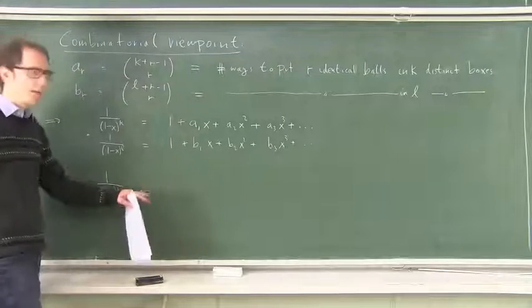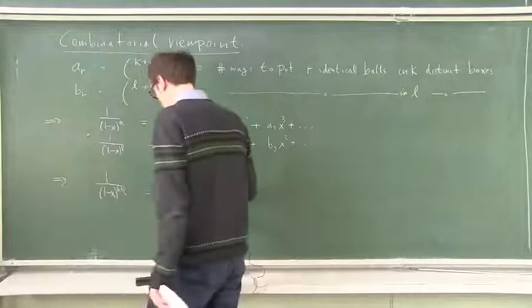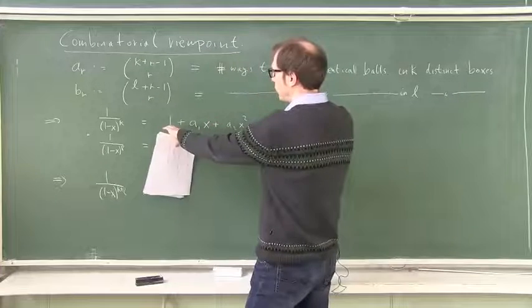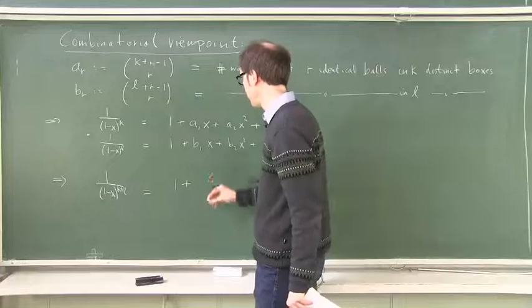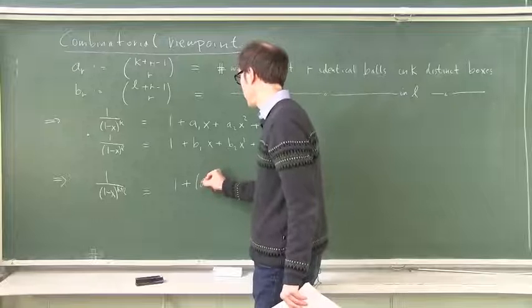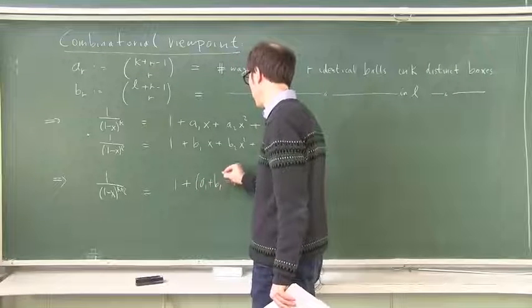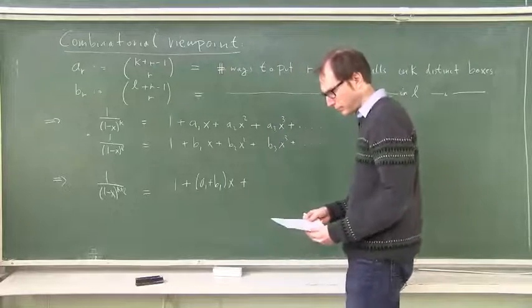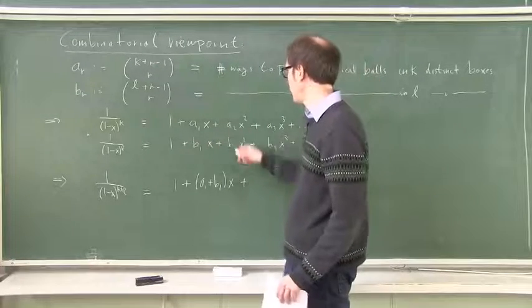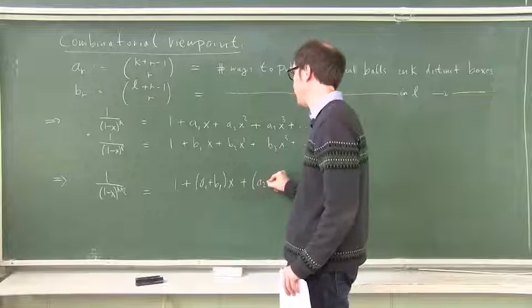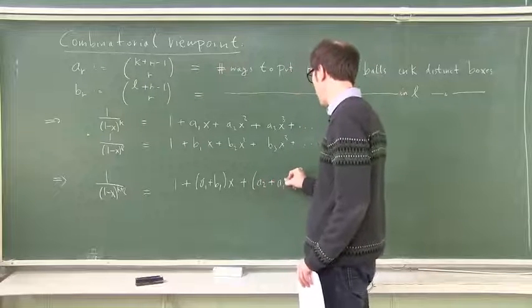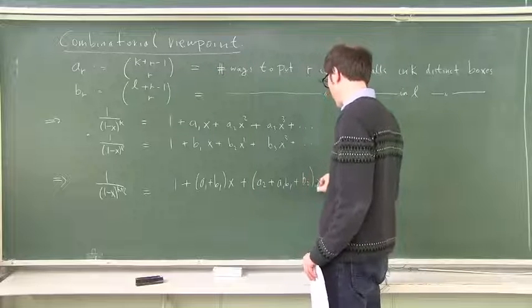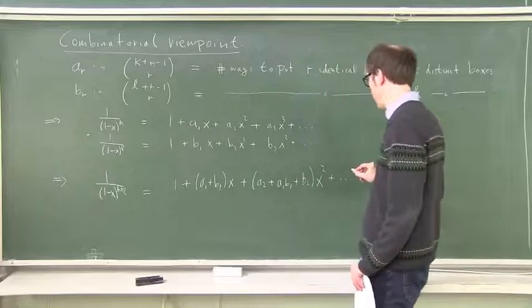Let's also do this on the right side. So we have 1 plus a1x times 1, 1 times b1 times x. So it's a1 plus b1 times x plus a2 plus a1 b1 plus b2 times x squared, and so forth.